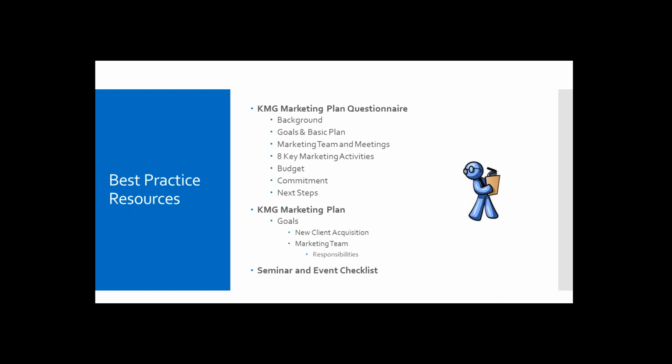The advisor or the practice's desire to follow through on all 8 activities, or maybe the advisor chooses just 1 or 2 of them, but you'll need to know. So the questionnaire is to help get you the answers that you need. It helps set a budget, commitment, and next steps. All of the answers to the questions in the questionnaire you will need to hold the marketing team accountable.